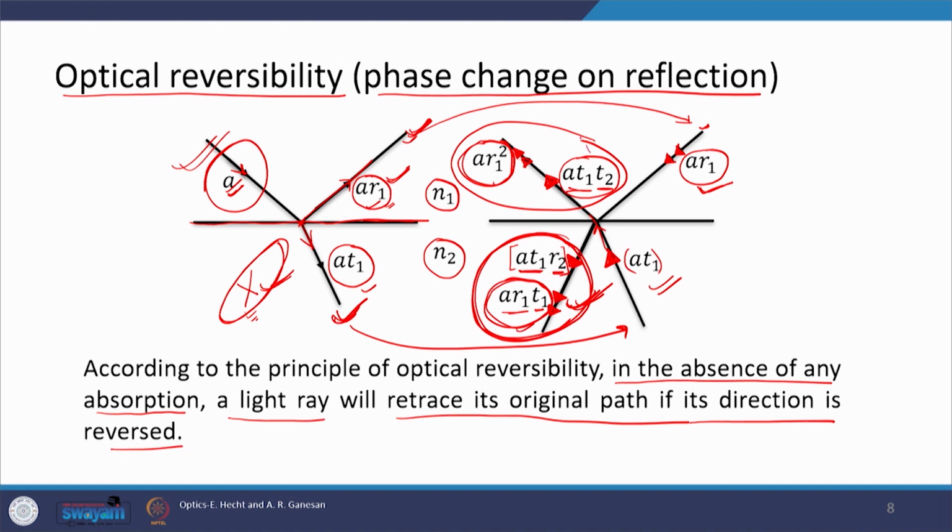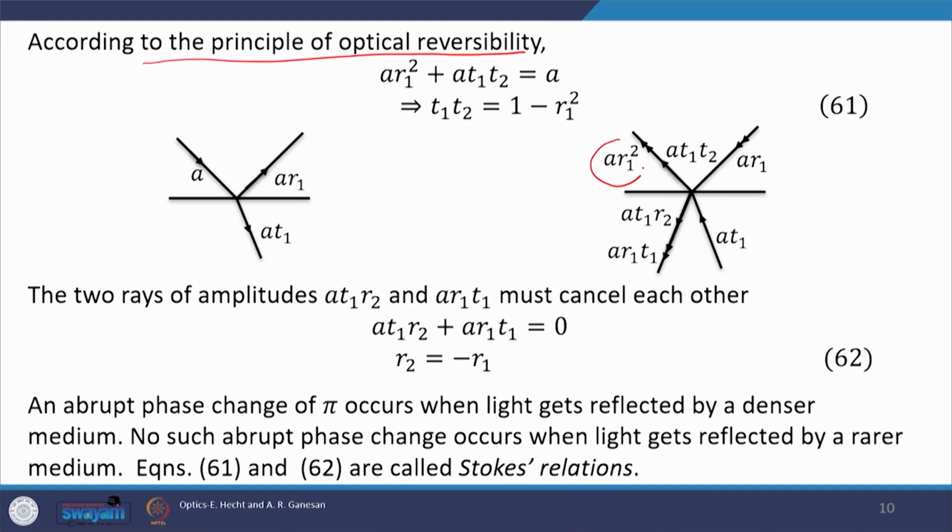Therefore, this resultant magnitude must be equal to A. Now, we will write these two conditions and see what is achieved here. According to the principle of optical reversibility, this magnitude would be added to this, and these two added would give us A.